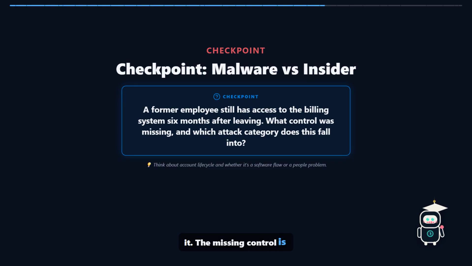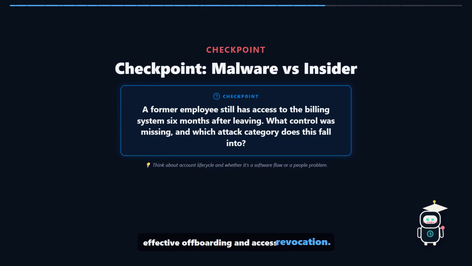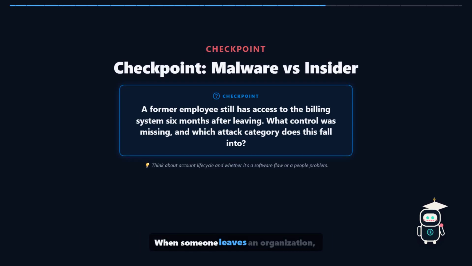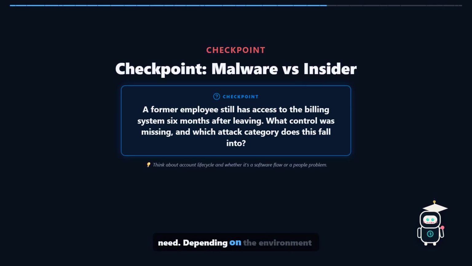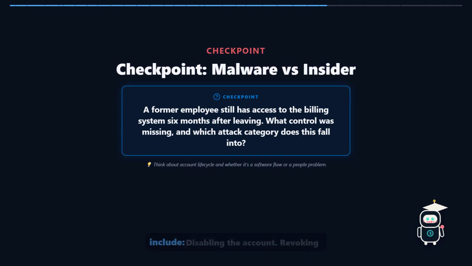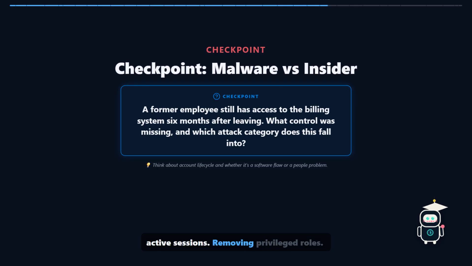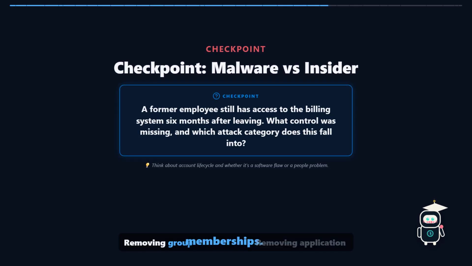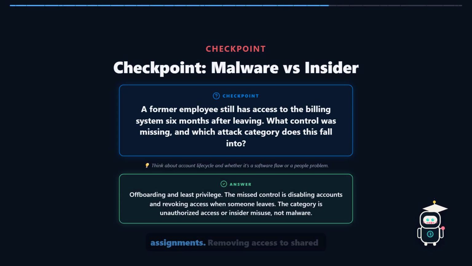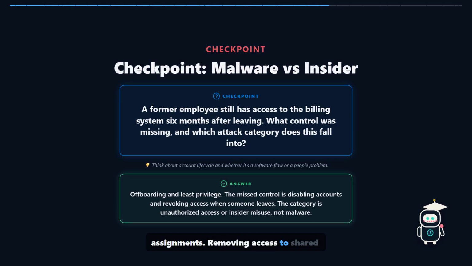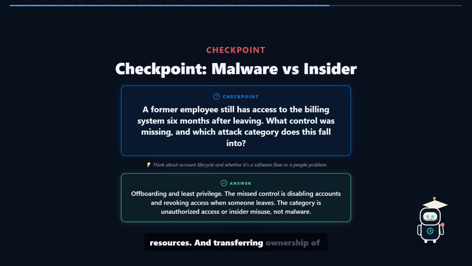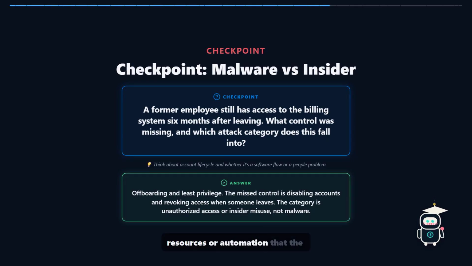The missing control is effective offboarding and access revocation. When someone leaves an organization, the identity lifecycle process should address the access they no longer need. Depending on the environment and approved process, that may include disabling the account, revoking active sessions, removing privileged roles, group memberships, application assignments, and access to shared resources, and transferring ownership of resources or automation that the organization still needs.